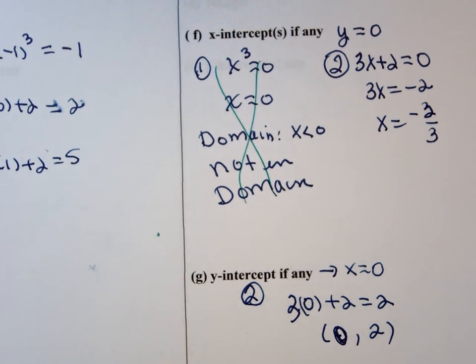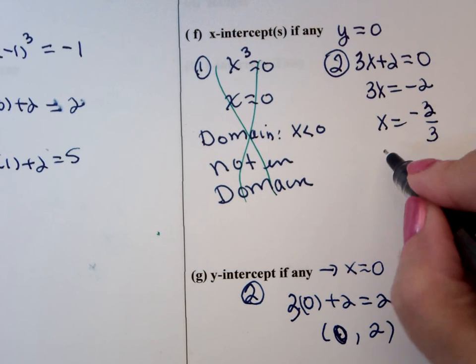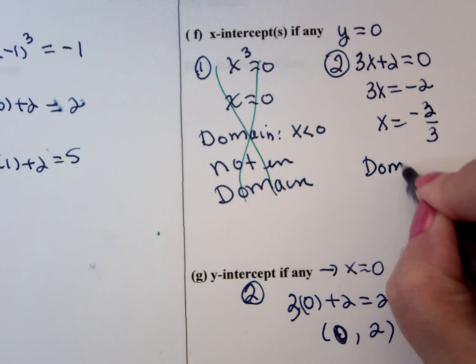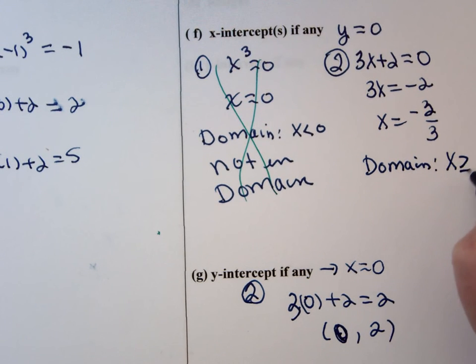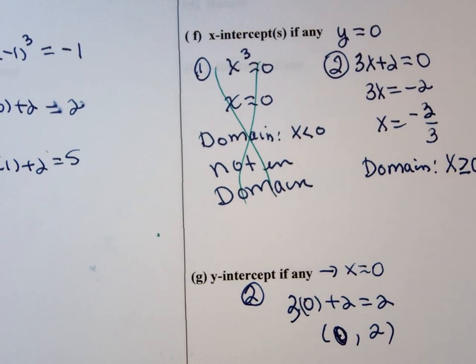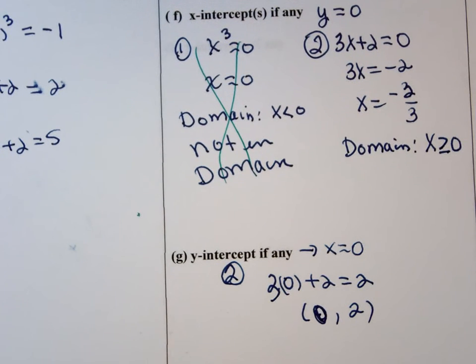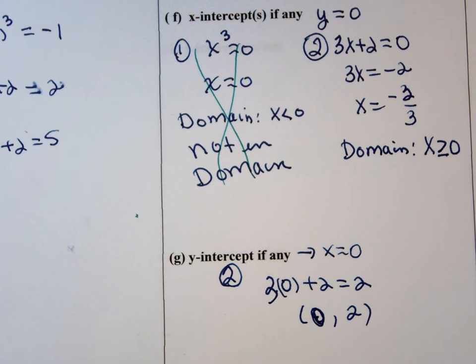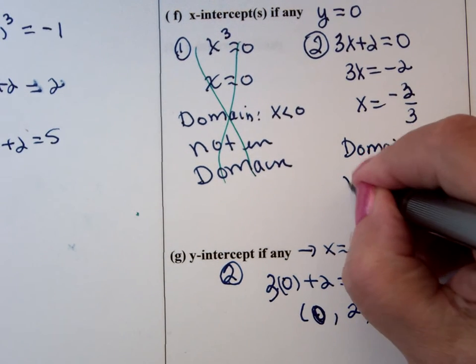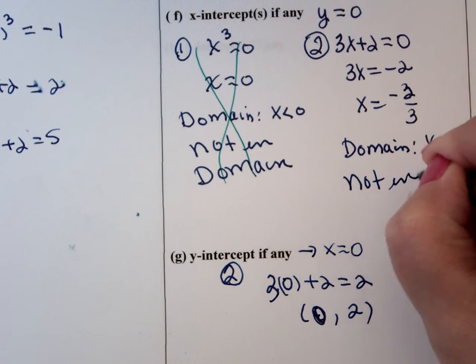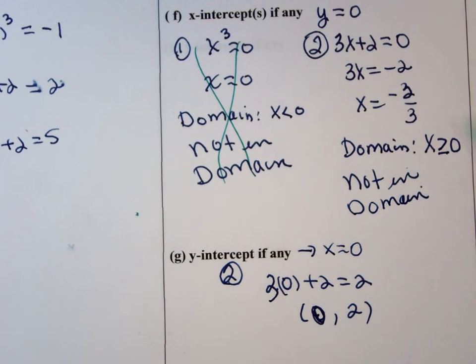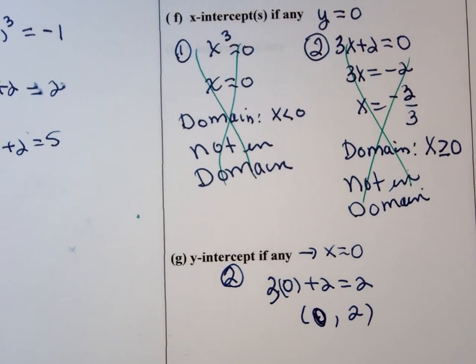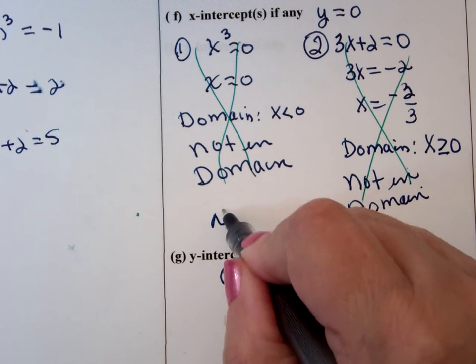No. His domain is x greater than or equal to 0. Is negative 2/3 greater than or equal to 0? No. So I have no x-intercepts.